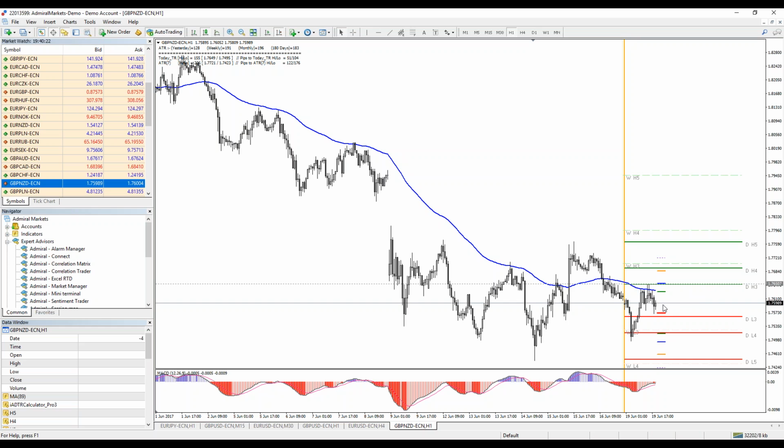Now it's in no man's land. So particularly at this point, there is no setup on pound New Zealand. But if it rejects from daily L3, or if it breaks daily H3 and closes above, it will proceed to the upside.